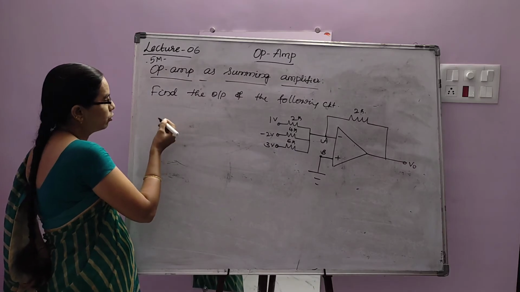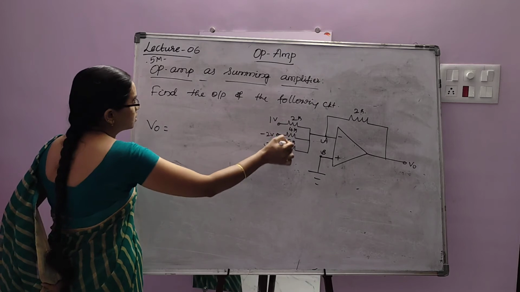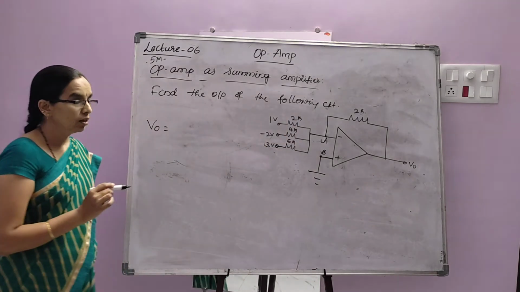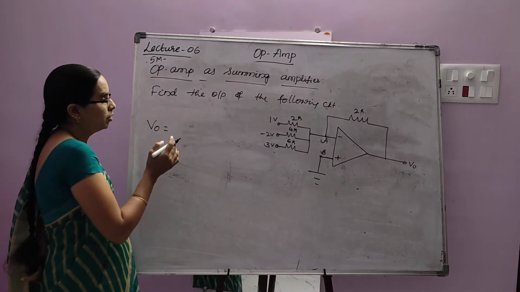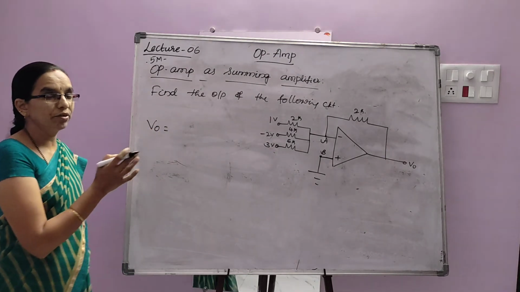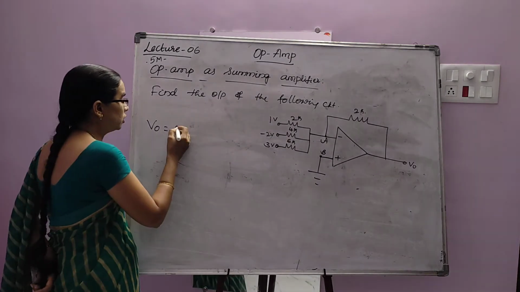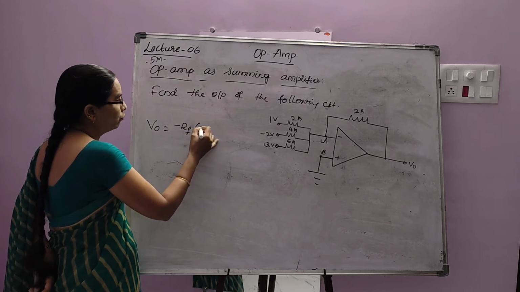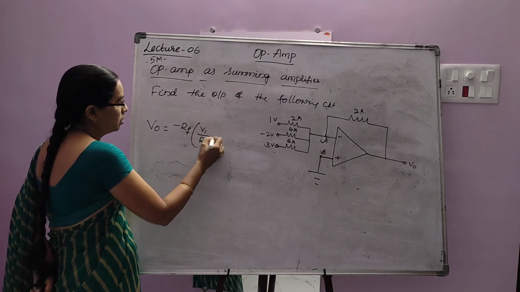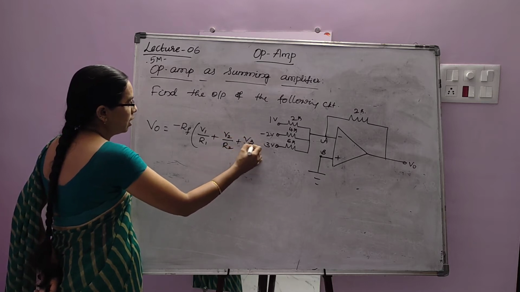So what will be the formula for that? V0 is equal to, here the resistances are not equal, so we have to put the previous expression, the one we derived before the last step. V0 is equal to minus RF into V1 by R1 plus V2 by R2 plus V3 by R3.